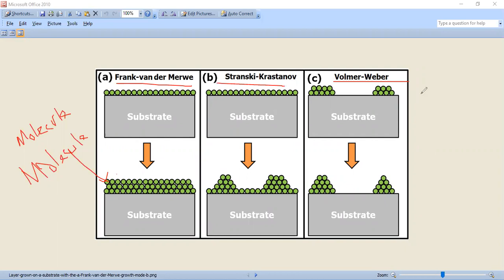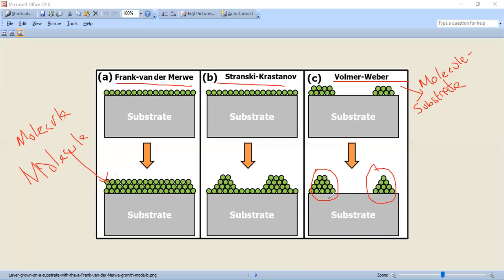Now in Volmer-Weber growth, you see we get islands. This is one island, and this is another island. In this case, molecule-substrate bonding is stronger, and therefore we get to see islands like this.